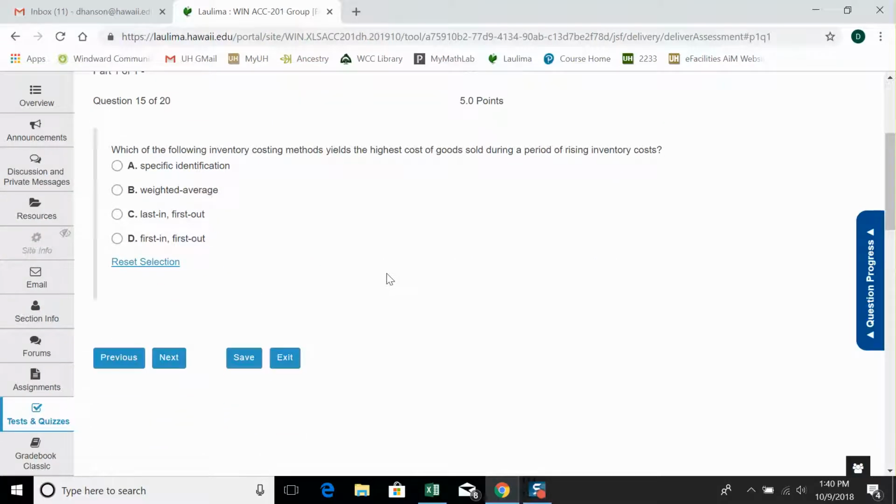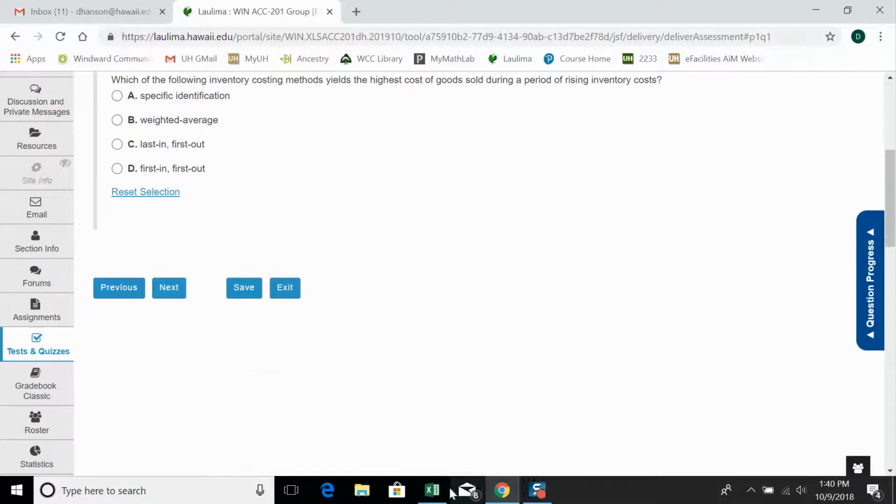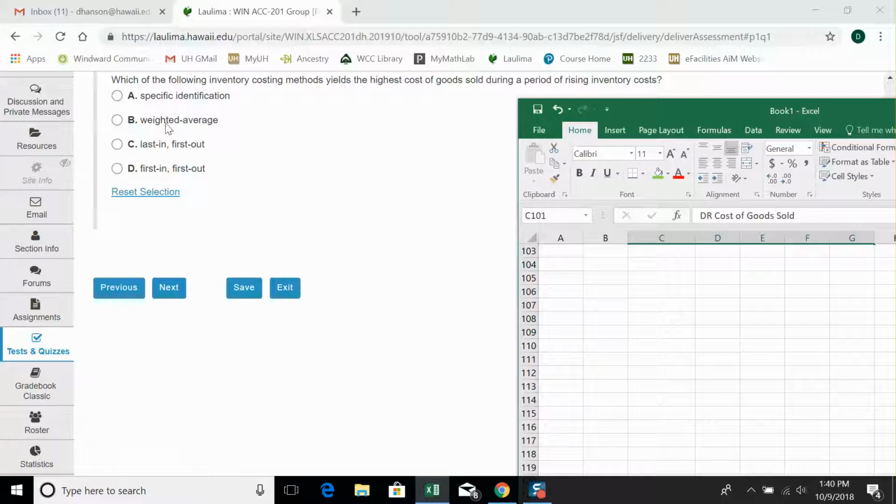Now 15 of 20. Let me get our sheet ready. Which of the following inventory costing methods yields the highest cost of goods sold during a period of rising inventory costs? So remember the methods we had were first in, first out, last in, first out, average cost, and the other one was specific identification.